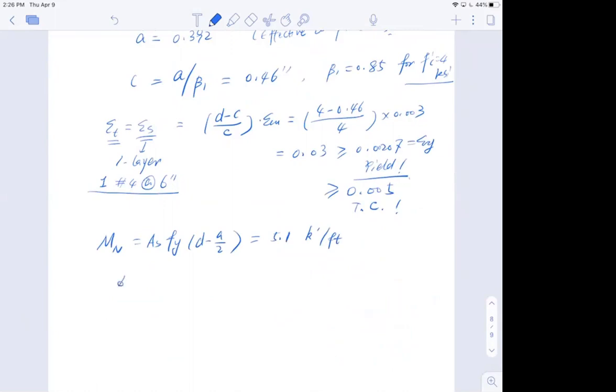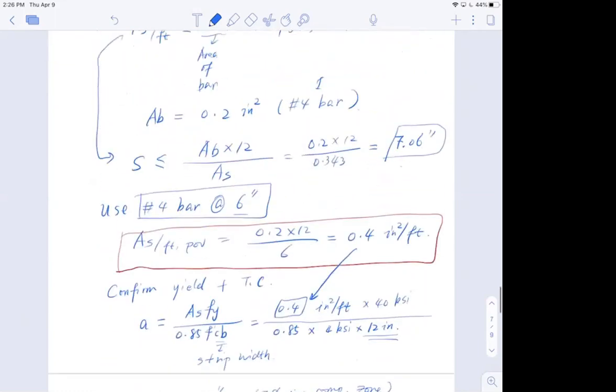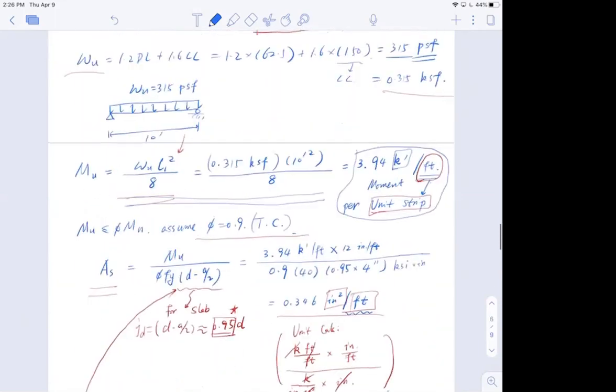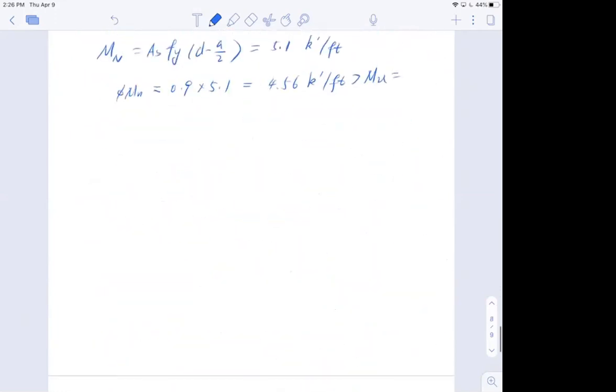And if I do phi Mn, which equals 0.9 multiplied by 5.1, I got roughly 4.56 kip-foot per foot, which is bigger than what is applied here. Let me check real quick. What is applied here? 3.94 kip-foot per foot. Hence, we're okay.